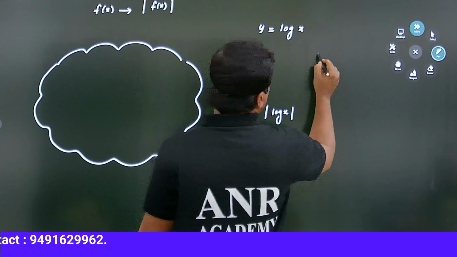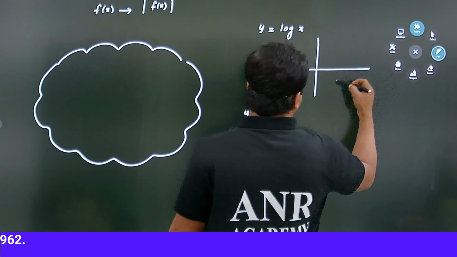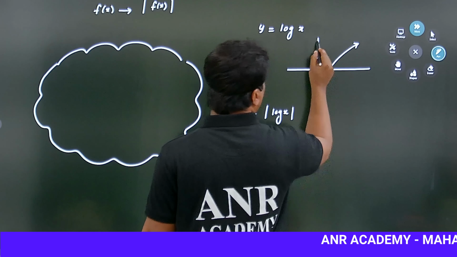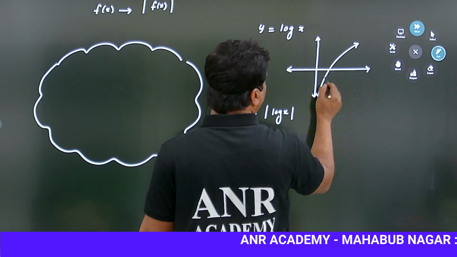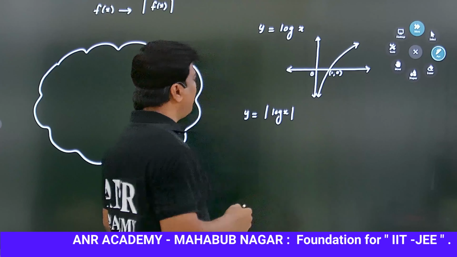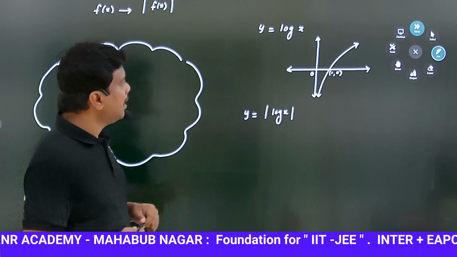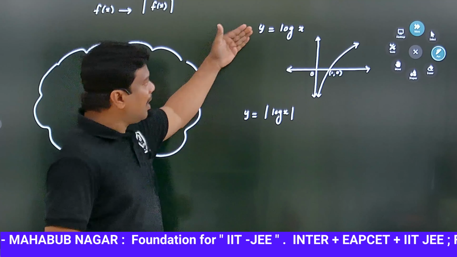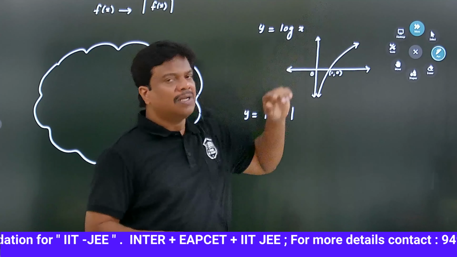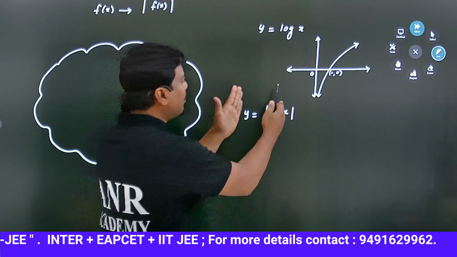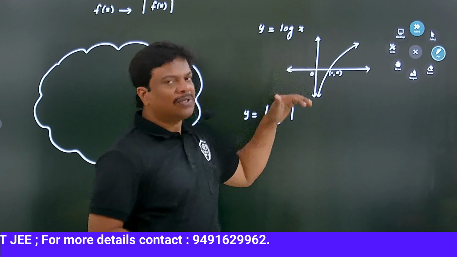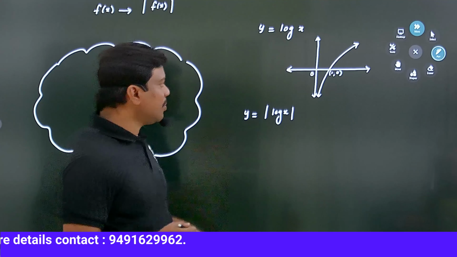You know that the graph of log x exists only for positive values of x, in this way. Here it is (1, 0). When you have modulus of log x, it is very clear that the logarithmic graph has some portion below the x-axis and the other portion above the x-axis. When you put the modulus sign, the graph which was previously in the negative portion becomes positive.